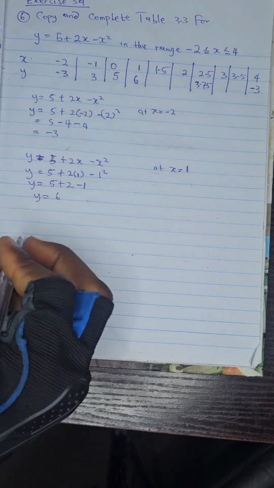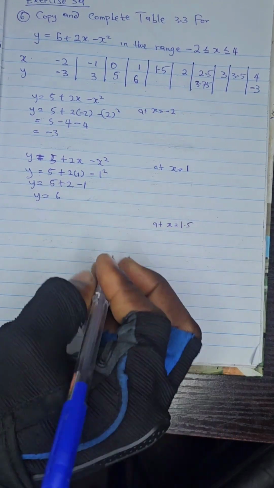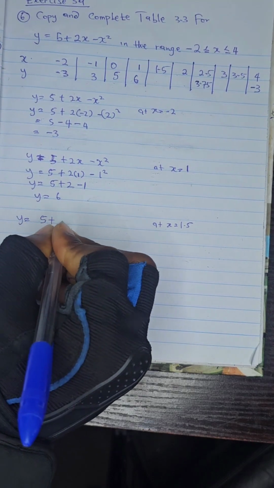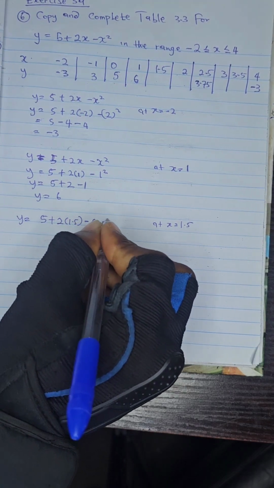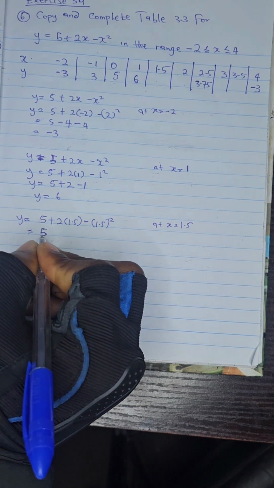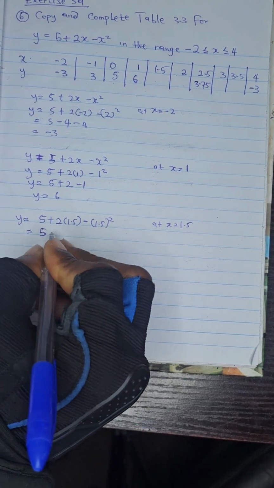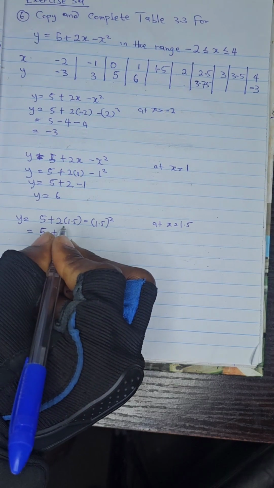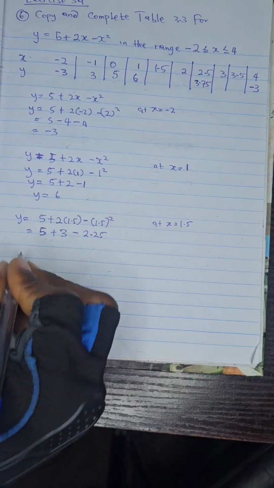The next one is at the point of x equal to 1.5. y is equal to 5 plus 2 times 1.5 minus 1.5 all squared. 2 times 1.5 is 3, minus 1.5 squared is 2.25.